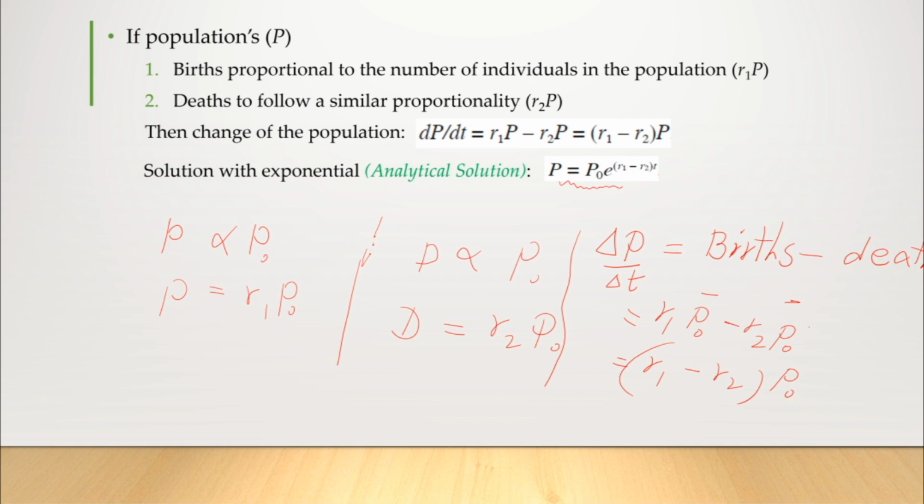Here the analytical solution of that is written as P equals P0 into e to the power, well, instead of previous values, we have now R1 and R2, right? R1 minus R2 into T.